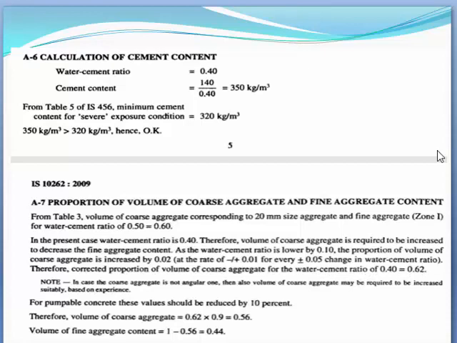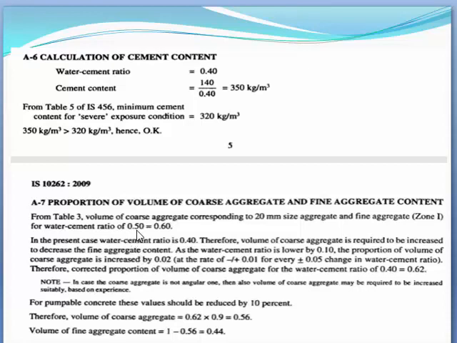So that means students, if the water cement ratio is less than 0.50, the volume of coarse aggregate will increase at the rate of 0.01 for every 0.05 change in the water cement ratio, right? As in this case, the water cement ratio is 0.40, right?